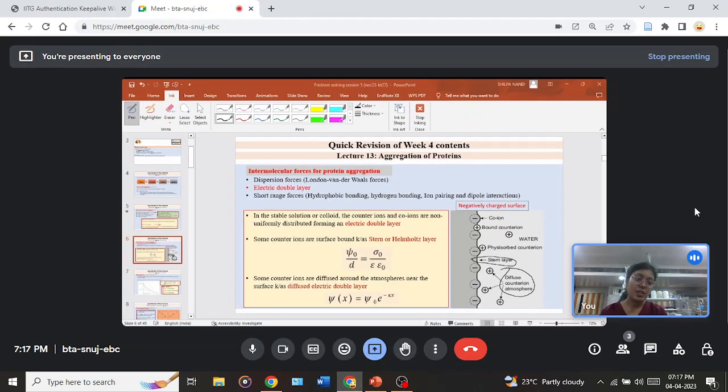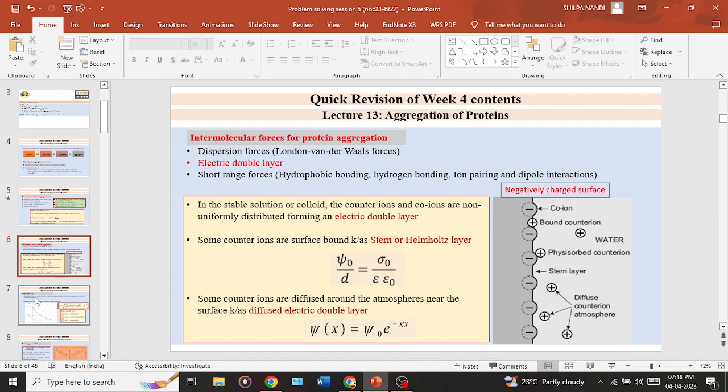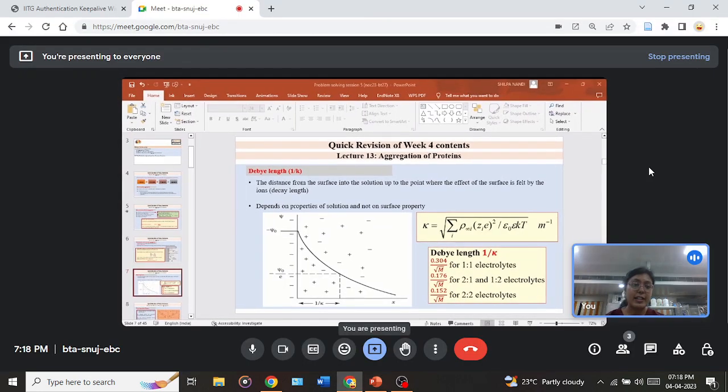Can you now see in the figure which one represents the Stern layer and which one is the diffused counter ion in the atmosphere that forms the diffused electric double layer? We can go to the next slide.